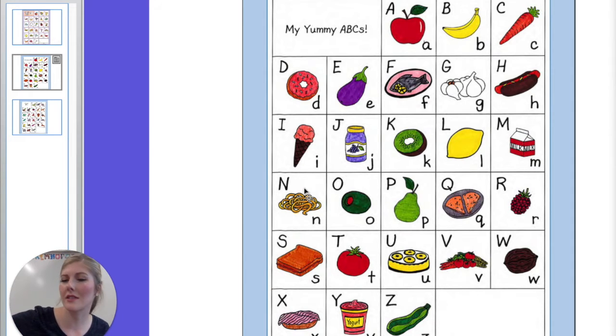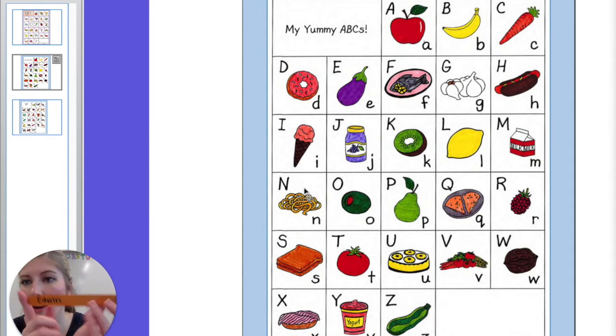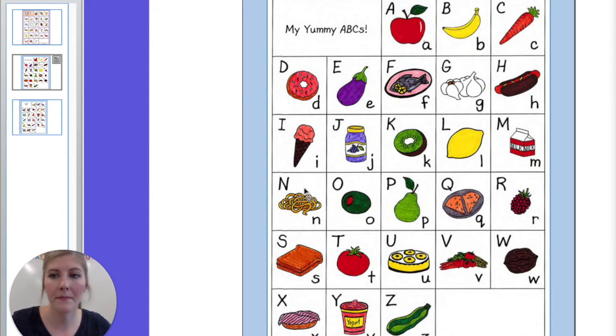What else are we noticing when we look at this alphabet chart? Edwin, what are you noticing? Oh, Edwin. Then I see W. All right, so you're seeing the letter W. What else are we noticing, friends? Let's hear from Zipporah. Zipporah, tell me what you're noticing.